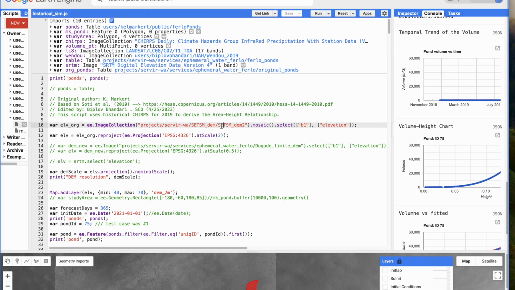The issue with this DEM that we have seen so far is there are a lot of trees in the middle of the pond. So it's an elevation model, it's not a surface model, and some artifacts in some of the ponds can be seen.